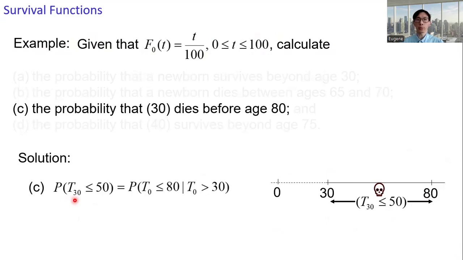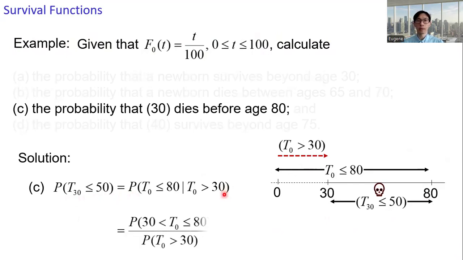So this corresponds to the probability that a newborn dies before age 80, given that this newborn already survived up to age 30. This conditional probability can be expressed as the probability that T0 is between 30 and 80, so this event, over the probability that T0 is greater than 30.